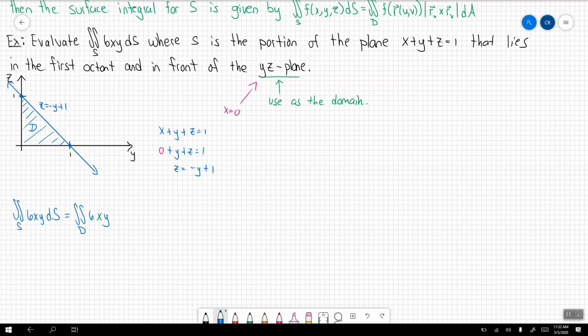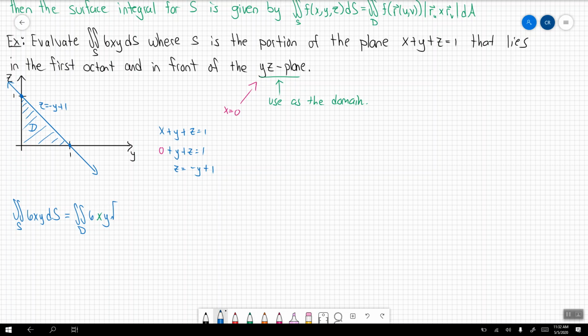Notice my domain is y's and z's, but I have an x in my integrand, so I have to alleviate that somehow. And then I'm going to multiply by the square root of the normal vector to that region. So what is that going to look like then?